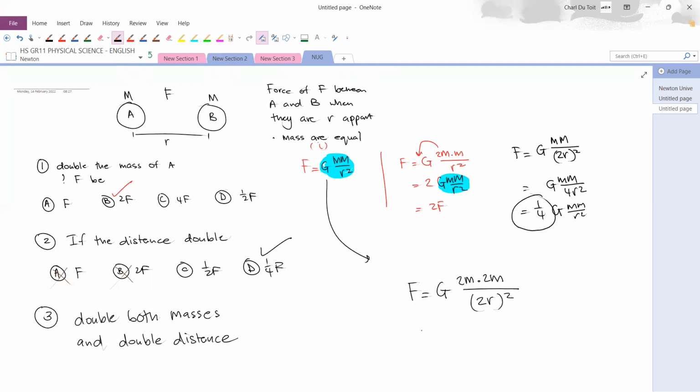The mass is also doubled, so I've got a 4 on top. Is that correct? Yeah. And I've got a 4R squared at the bottom. And that will just cancel one another, so it remains the same. Double the masses and double the distance, it's going to be the same. The force is just going to be F.